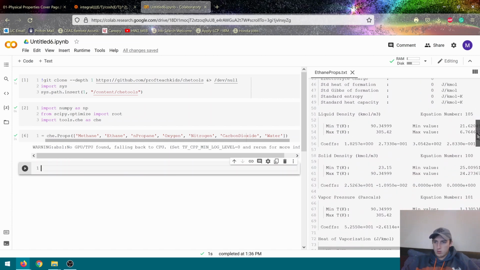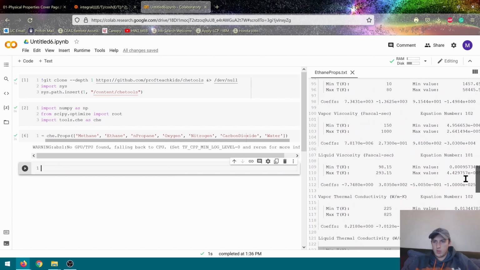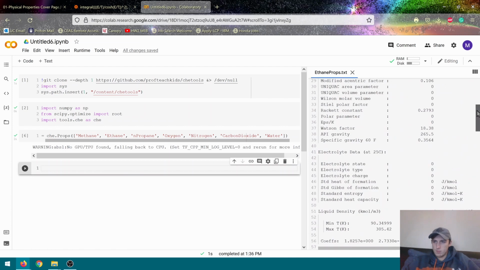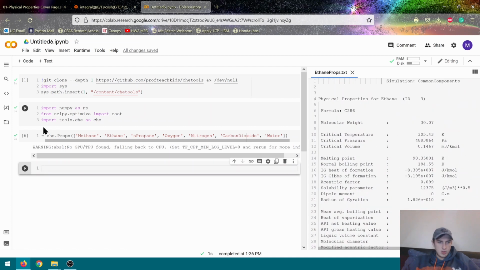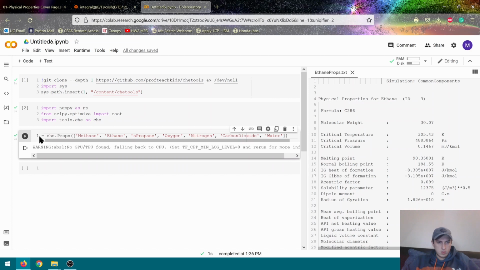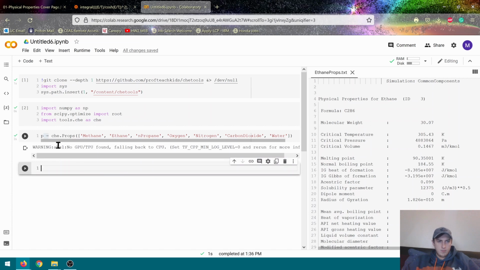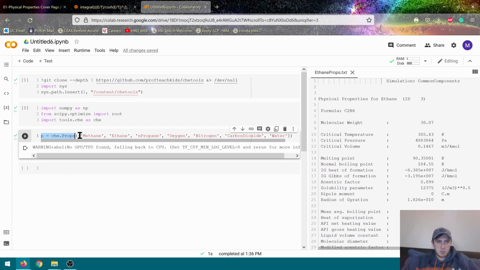So we're going to take all of our constants from these files here. I've set this P as the properties for all of the different chemicals that we're going to be using today. So we have methane, ethane, propane, oxygen, nitrogen, carbon dioxide, and water.